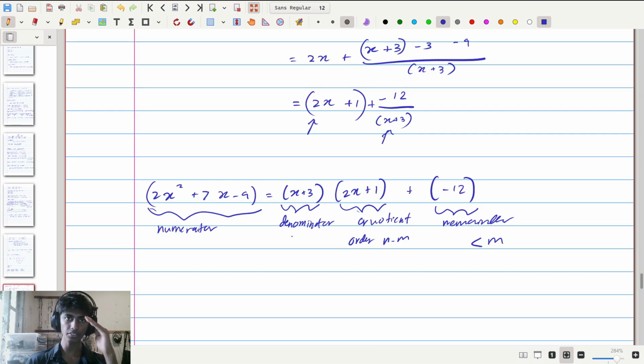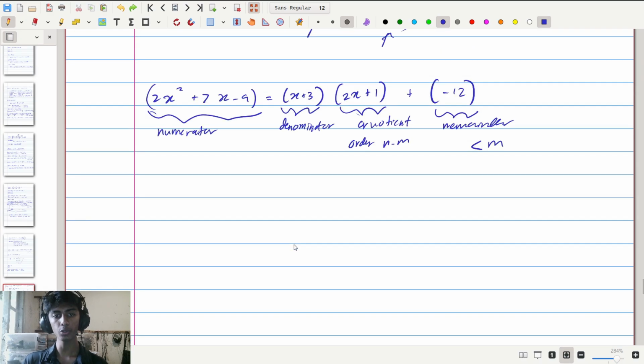be n minus m. Now the proof of this is kind of similar to the proof where we multiplied two polynomials together and found that the order of their product is equal to n plus m. This is of course a similar level of proof difficulty which I'm not going to actually do within this video. I'm not going to prove that the quotient is order n minus m when n is greater than m. I'm just going to give it to you.